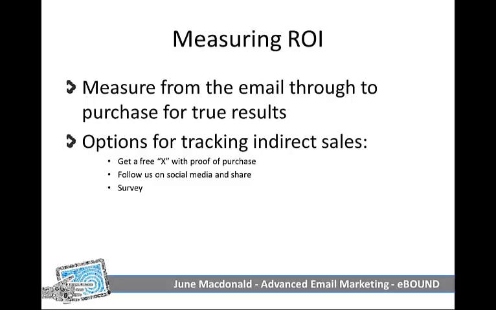One of the challenges, for all kinds of businesses, is trying to track sales when you're not the direct seller. So these are a couple of ideas. There are probably lots that other people on this call have tried, and maybe you can add those suggestions into the questions. You could try getting a free X with proof of purchase.